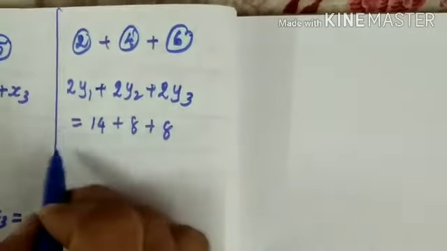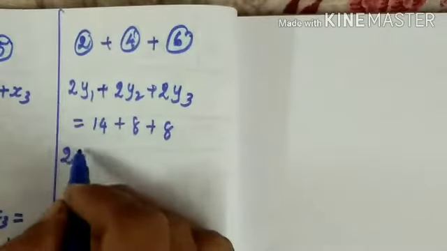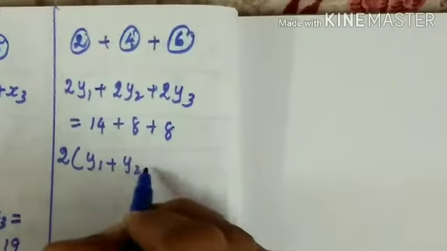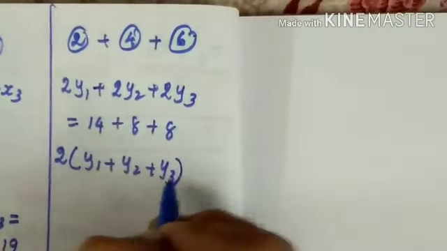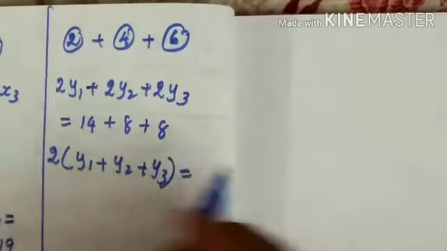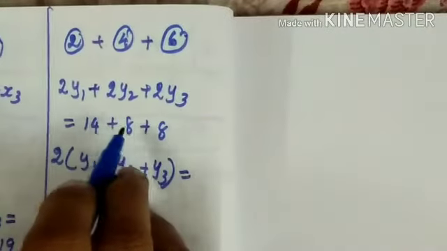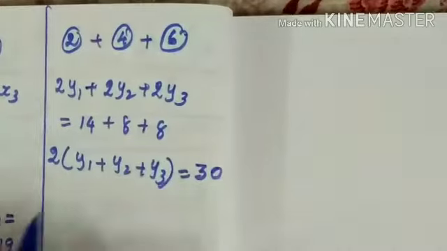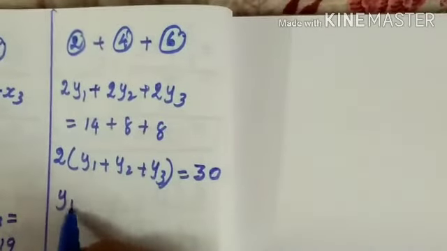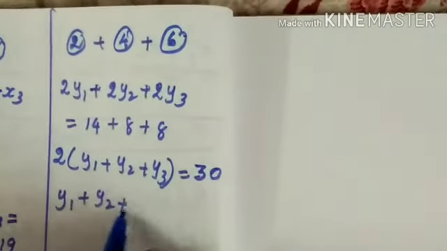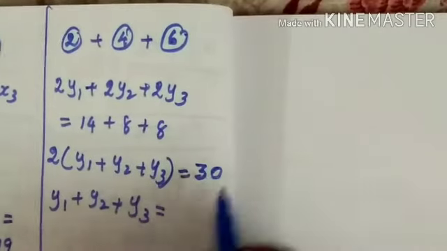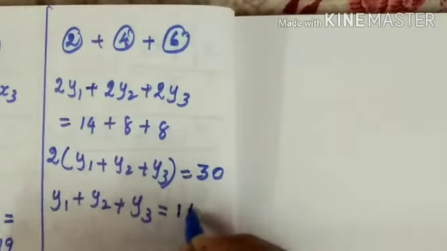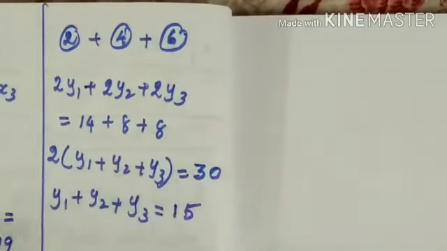Now you take out 2. Here 2 is common. Therefore, 2 into y1 plus y2 plus y3 is equal to 14 plus 8 plus 8, which is 30. Now, y1 plus y2 plus y3 is equal to 30 divided by 2, 15.